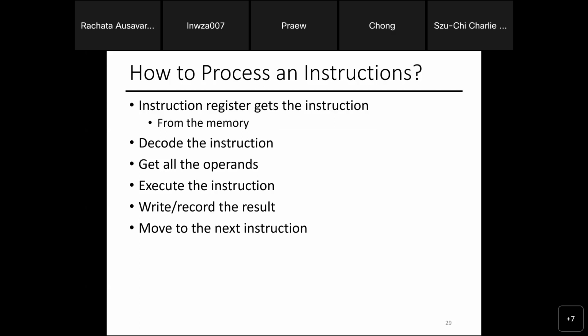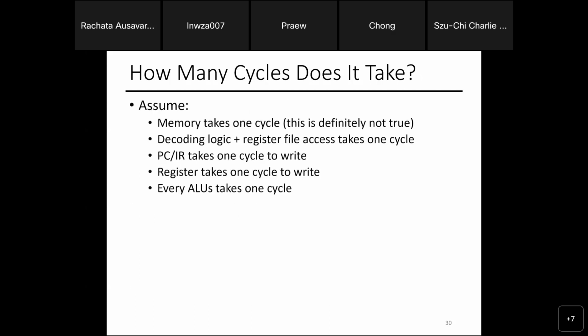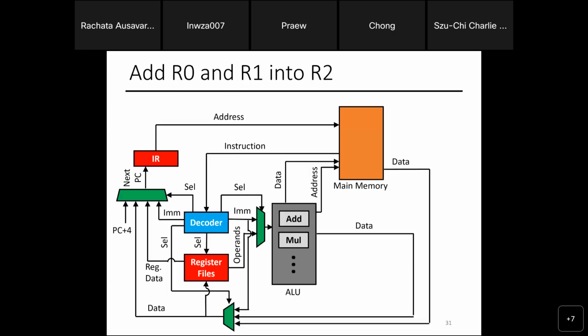So let's go back to our toy example and assume the memory takes 1 cycle, decoding takes 1 cycle, updating the register, both the program counter and register file, takes 1 cycle, and every single ALU operation, add, multiply, whatever, takes 1 cycle. Let's do a multi-cycle architecture where each of these steps takes 1 cycle, so that we can highlight some benefits.